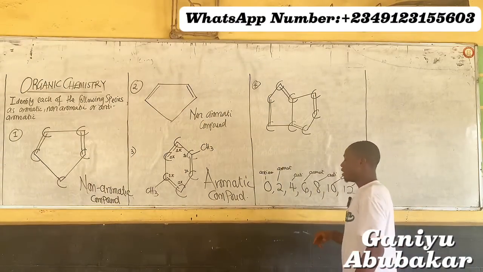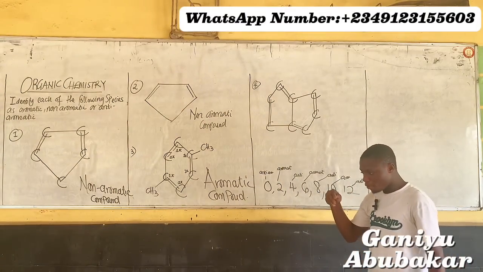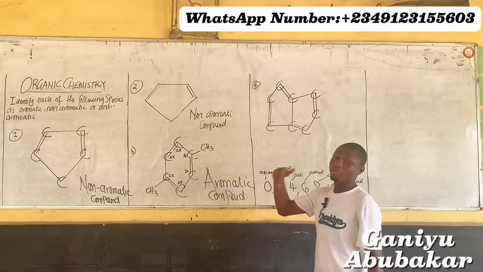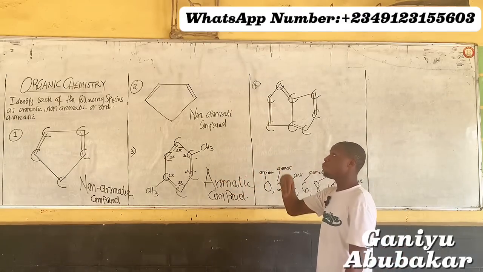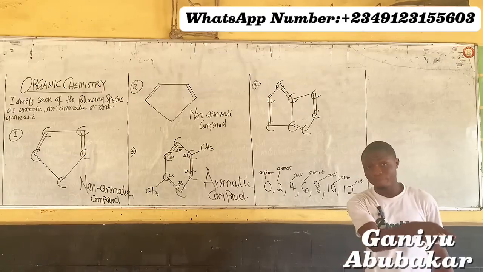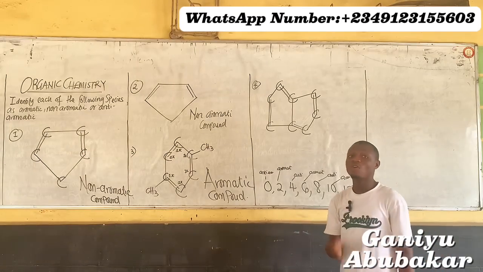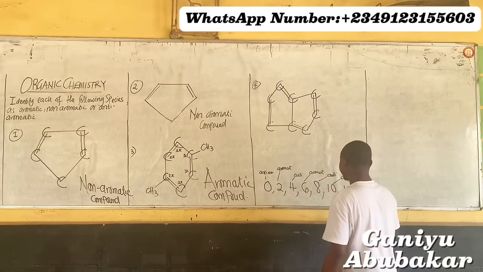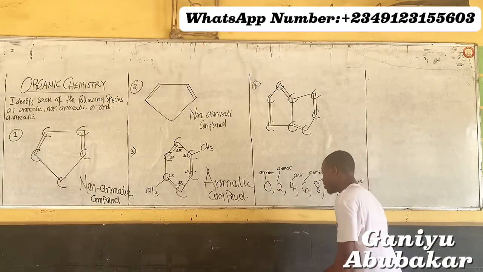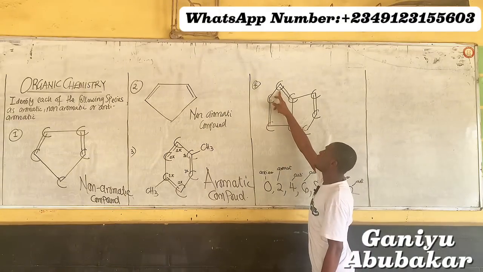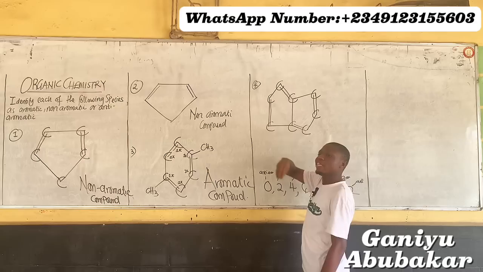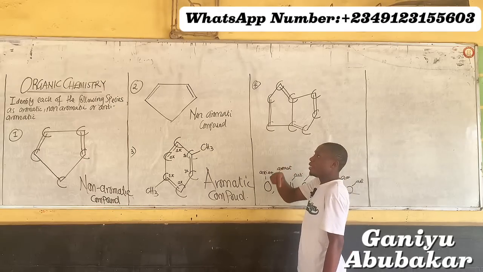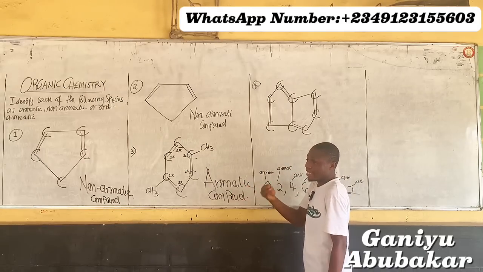Rule 3 says 4n plus 2, or perhaps 4n. 4n plus 2 is for aromatic compounds. 4n is for anti-aromatic. So look up, please. Let's get the total number of pi electrons first. For every carbon attached to a double bond, a pi electron exists.